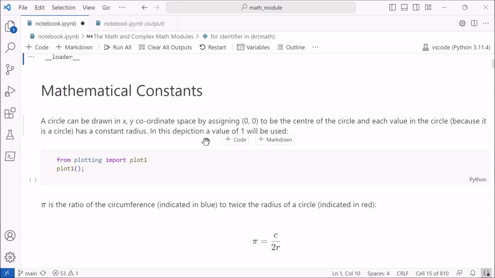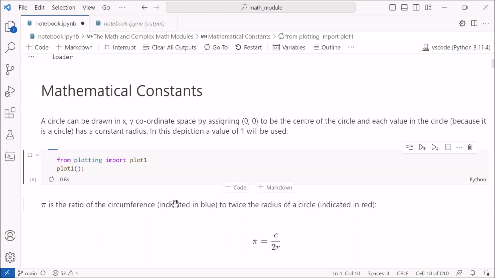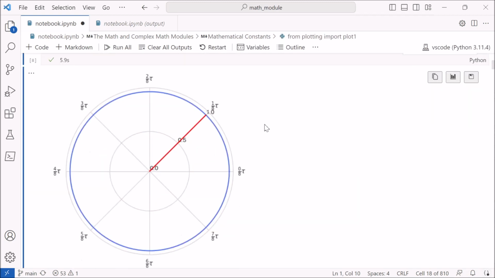So let's have a look at the mathematical constants and build up an intuition around them. Let's start with a circle. Here we've got a circle of unit length, so it means the radius is 1. The radius is shown in red, and the circumference is shown in blue.